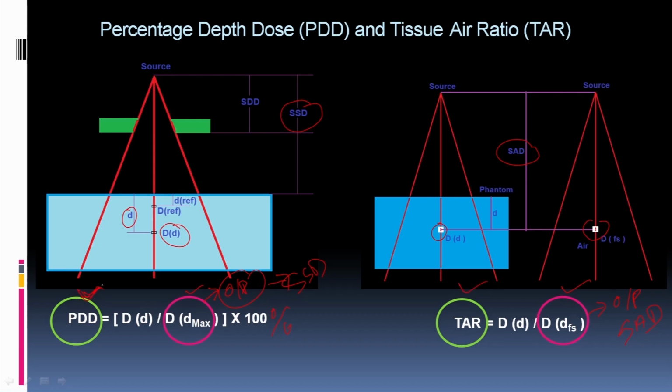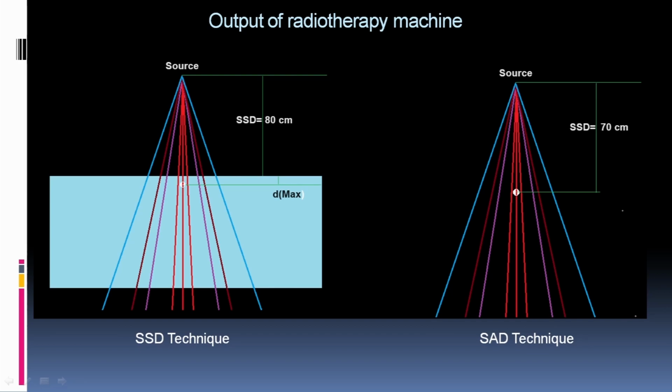This PDD and output of SSD is required for the treatment calculation of the SSD technique, and the TAR table and the output in air are required for the calculation of the SAD technique. Now, how to generate the output, how to generate this table?